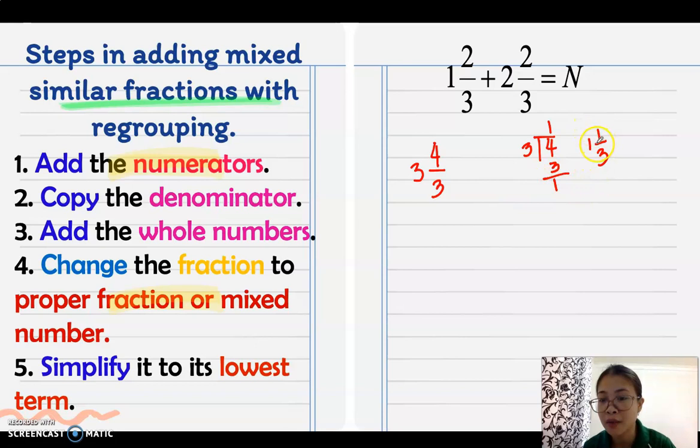Now this 1 and 1/3, you are going to add to the 3 as a whole number. So 3 plus 1 becomes 4, and the fraction now is 1/3. Therefore, the answer is 4 and 1/3. Simplify it to lowest term, but 1 and 3 have no common factor, therefore it's already in its simplest form.